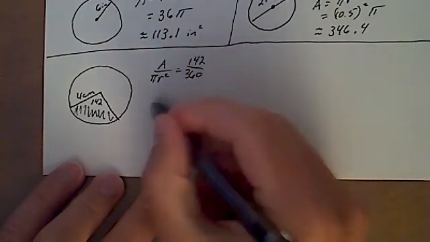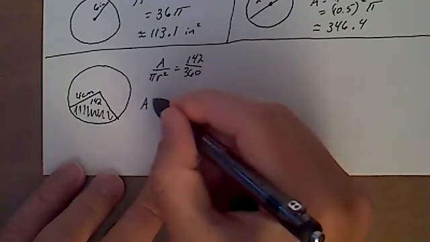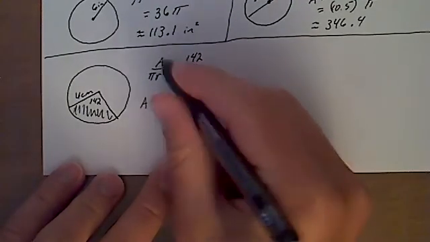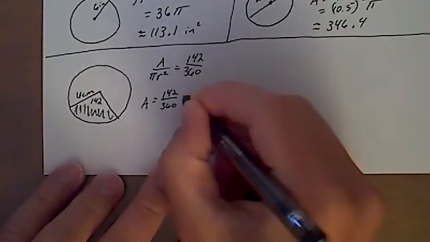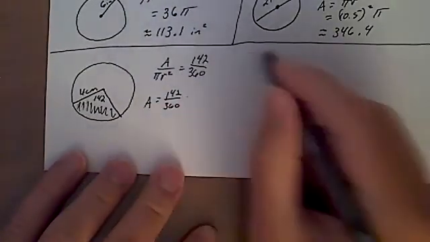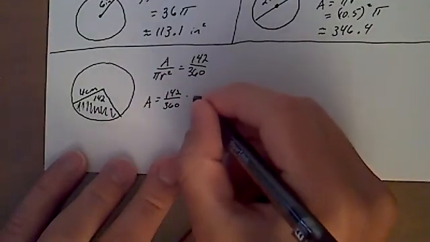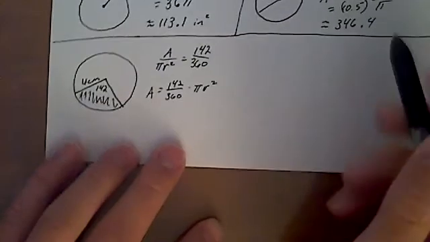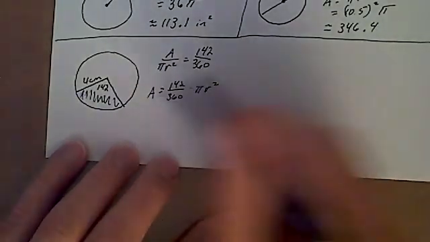And since we're dealing with just the sector itself, you could also write this as the area is 142 over 360 times pi r squared, right? You can do it this way as well. It works.